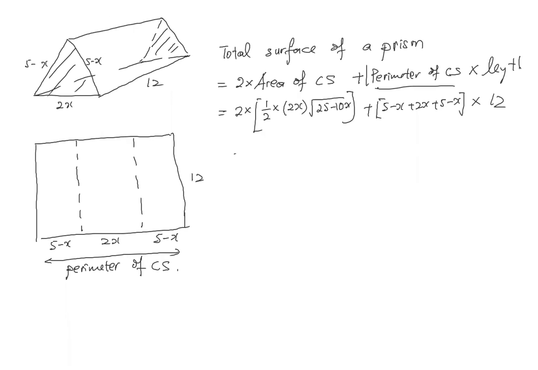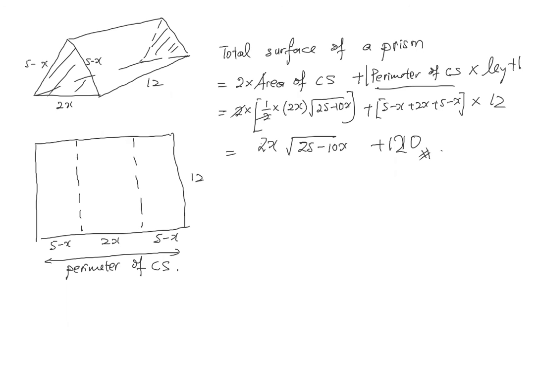So you have 2x square root of 5, 25 minus 10x plus 10, no, plus 120.